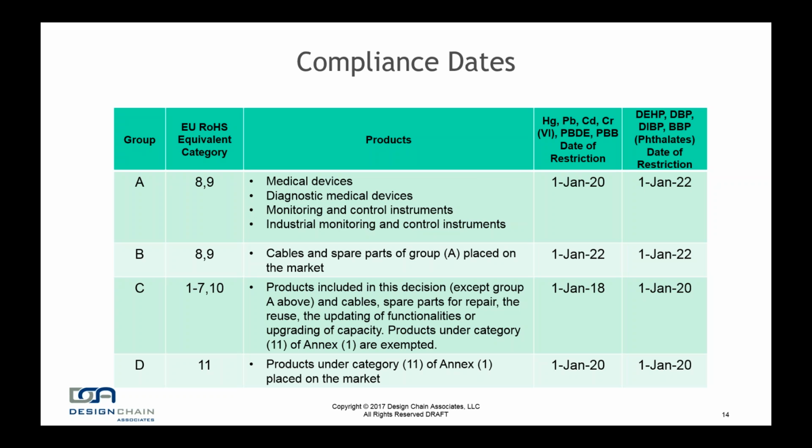Cables and spare parts come into scope for all 10 substances in January 2022 for categories 8 and 9. Now, what's interesting about this is that spare parts must comply. And it seems the spare parts, by being called a product here, even though they're not a product as listed in Annex 1, do they have to go through the same conformity assessment and so on? That's another thing that's unclear here.